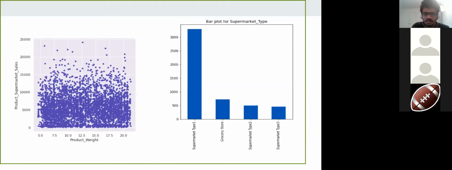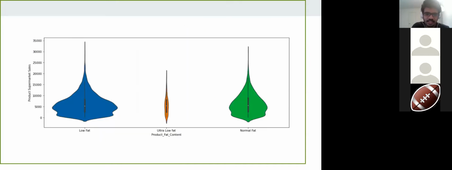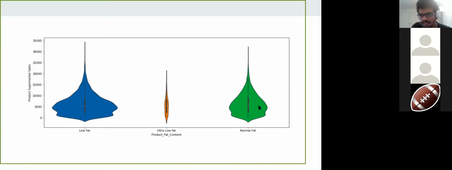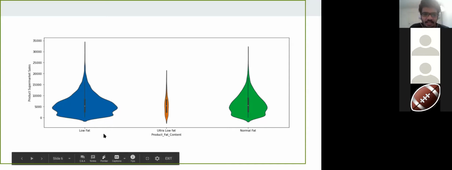Sorry, in the bar plot we couldn't get any of those characteristics, but here we can easily see. This width basically gives us the frequency. As we can see, low fat is of the highest frequency, normal fat is lesser, and ultra low fat is very low frequency. These are basically the categories of this particular feature, product fat content.